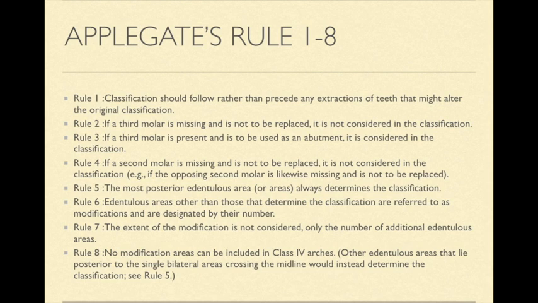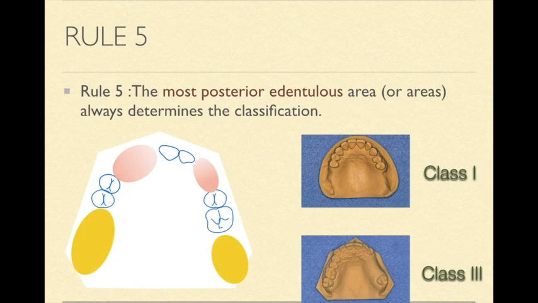So that's why Dr. Applegate developed the other eight rules, to modify the first Kennedy classifications. And we will explain this in the following. The first important thing is to know Rule 5. Rule 5 says the most posterior edentulous area always determines the classification.